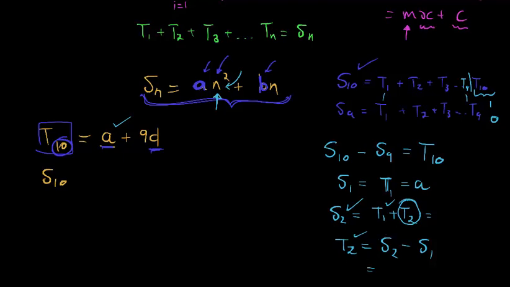So here's something important to know: any term is equal to the sum of all the terms minus the sum of all the terms before it. So remember, for example, S10 is the sum of the first 10 terms.